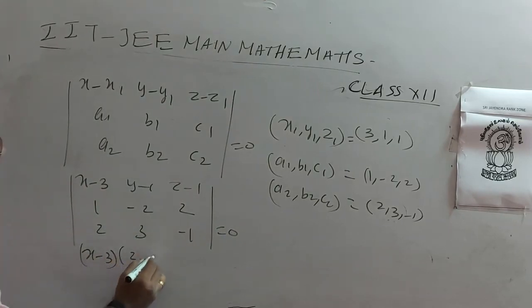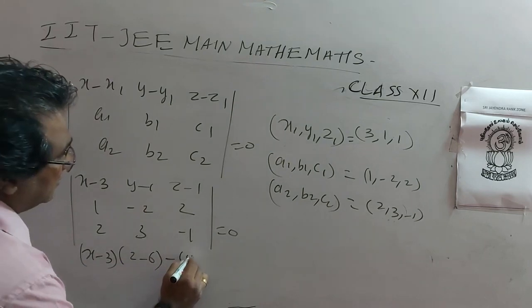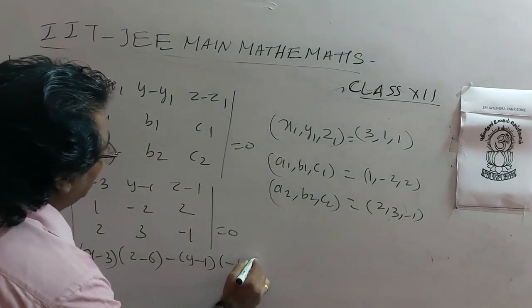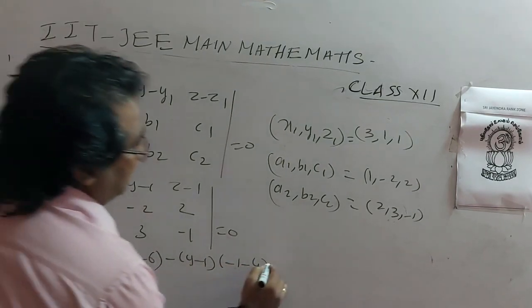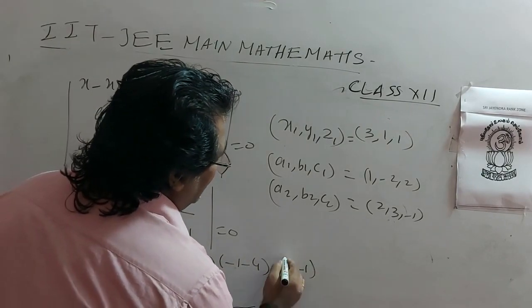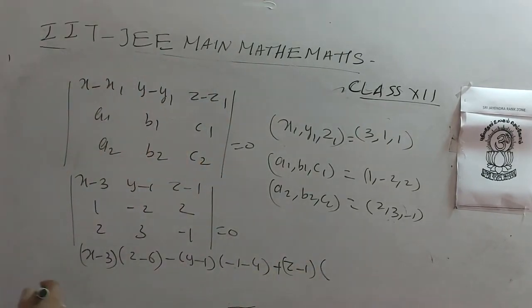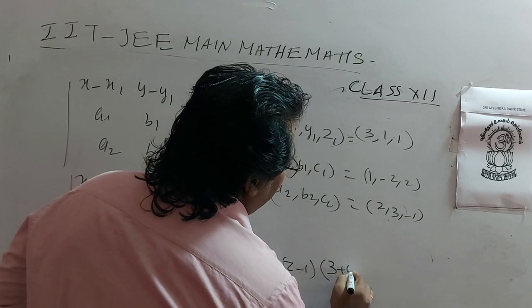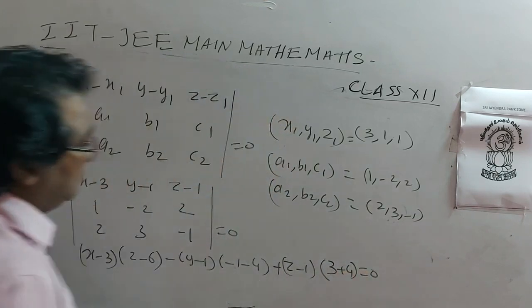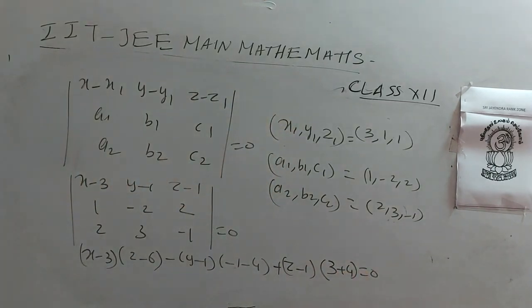Expanding: (x minus 3) into (2 minus 6), minus (y minus 1) into (-1 minus 4), plus (z minus 1) into (3 plus 4), equal to 0.